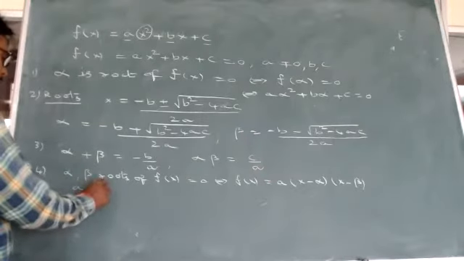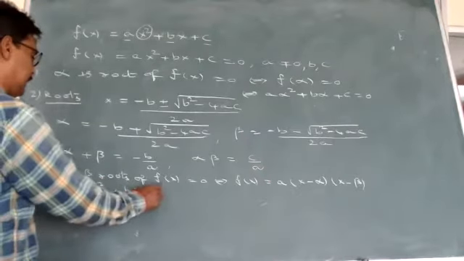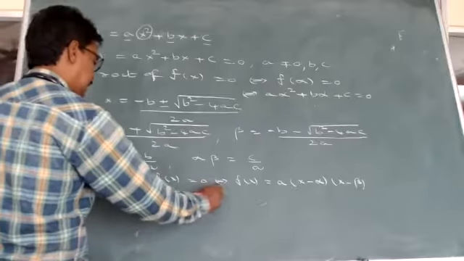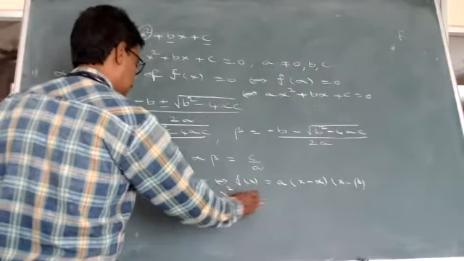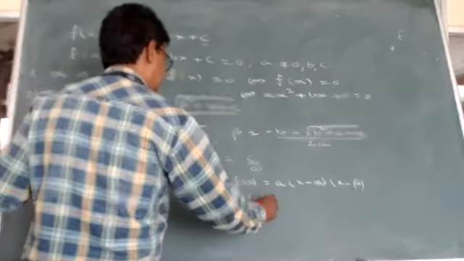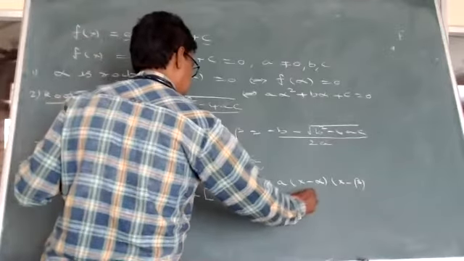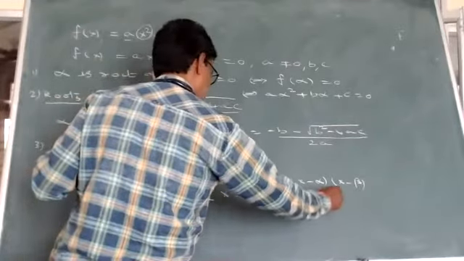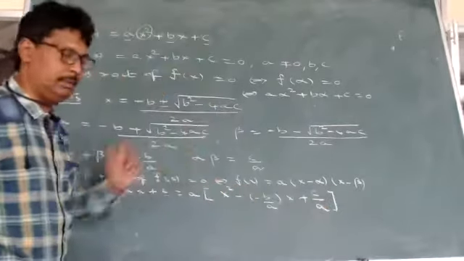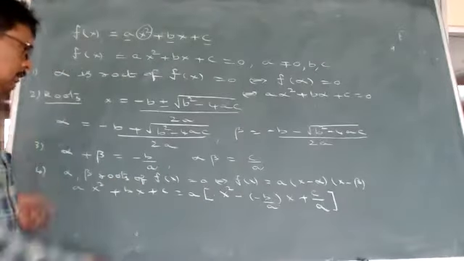From this, ax square plus bx plus c is equal to a, taking a as common, x square minus b by a x plus c by a. Minus into minus will be plus. I am taking a as common.